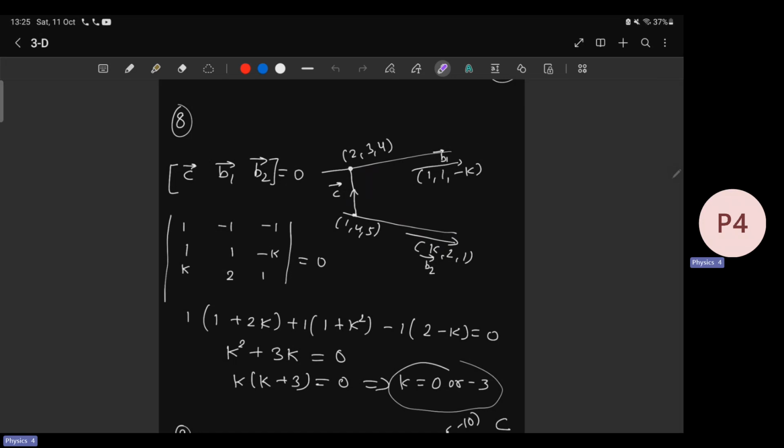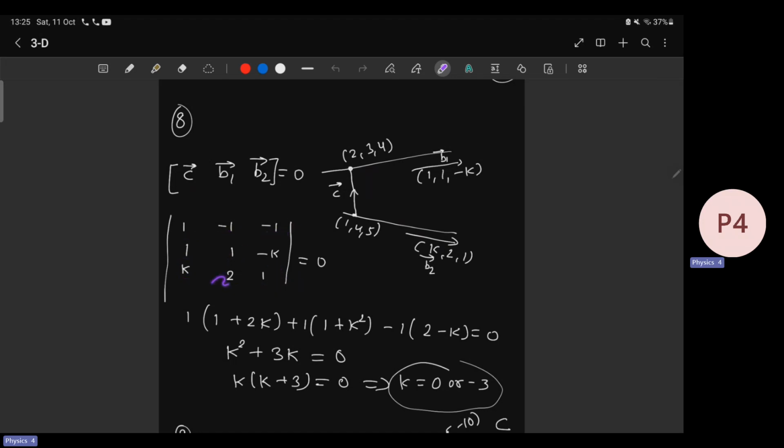We know that if three vectors are coplanar, the box product of these three vectors has to be 0. Now, see, this is C vector, this is B1 vector, and this is B2 vector.